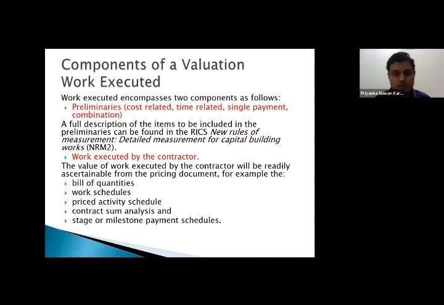In some forms of contract which has been used in Oman also, in the oil industry, apart from the penalty clause, now there is an incentive for the acceleration. An incentive clause has been incorporated within some of the bespoke conditions of contracts. So this stage or milestone payment schedules promotes the contractor to do so. Right.